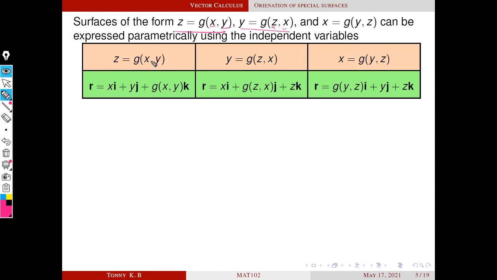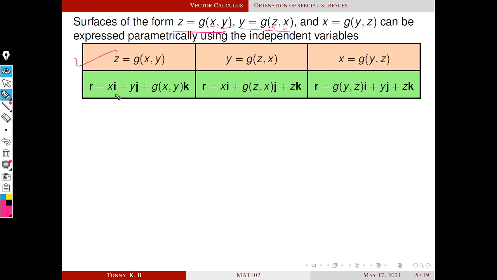Then we can write the corresponding vector equation like this: r is equal to, instead of u we take x, x i plus y j plus some function of x and y, g(x,y). This is the parametric form because it involves only two variables. Similarly, this is the corresponding parametric form of this case, and this is the corresponding parametric form of this case. And also we can identify the positive orientation and negative orientation of such surfaces.